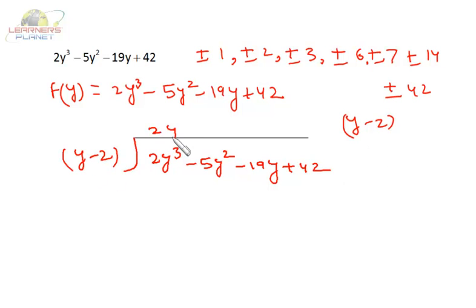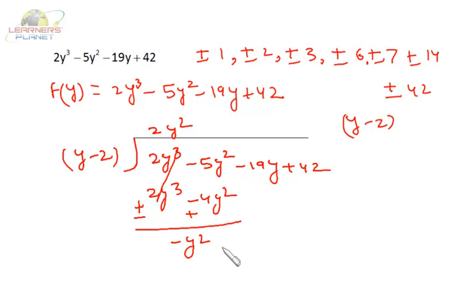So let's start. 2y square into y is 2y cube. 2y square into minus 2 is minus 4y square. Let's deduct it by changing the sign. So it's minus 5y square plus 4y square is minus y square. Then minus 19y plus 42.